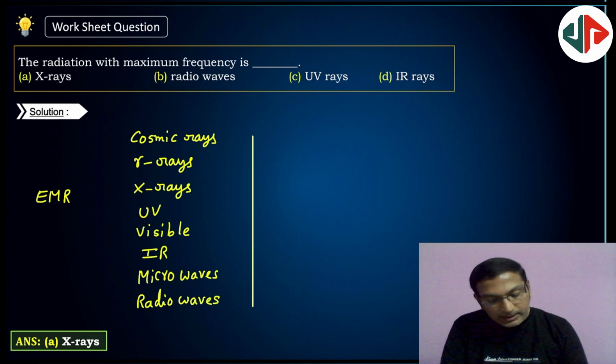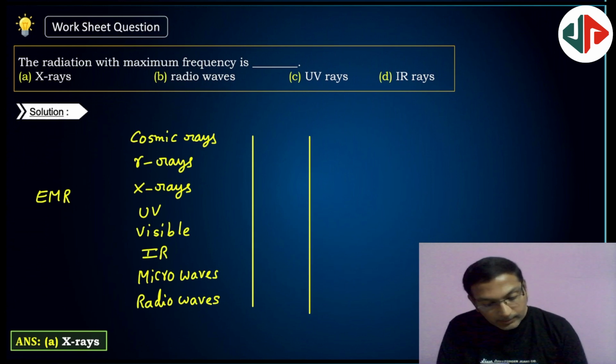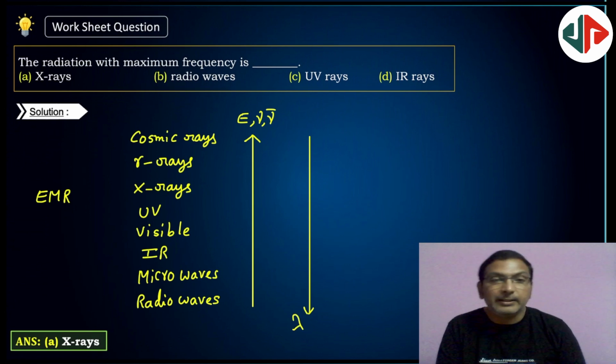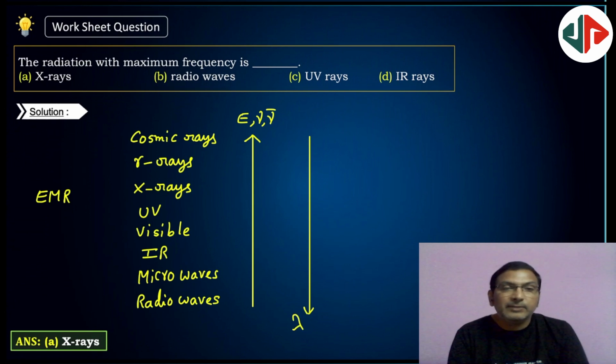So in this direction, energy increases, that is energy, frequency and wave number. In this direction, wavelength increases. From this, clearly, the options are X-rays, radio waves, UV rays and IR rays.